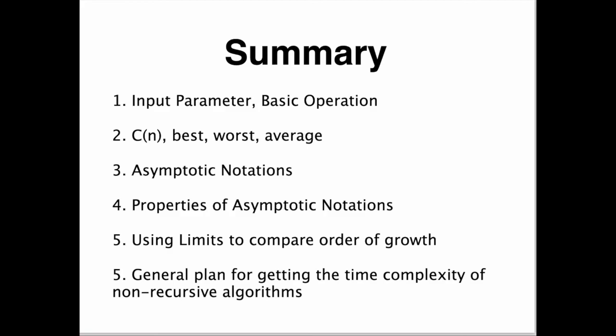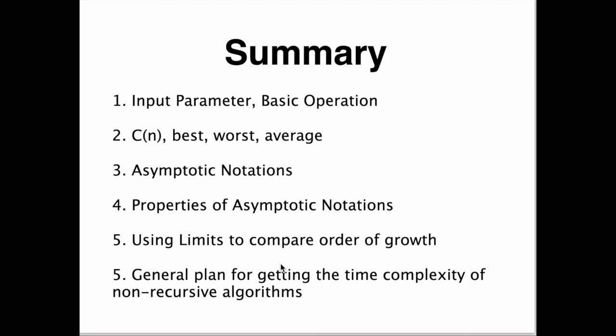So we defined omega of g of n as a class of functions, O of g of n, and theta of g of n. And then next, we shared some properties of asymptotic notations. This is important, especially if we will manipulate expressions with asymptotic notations.